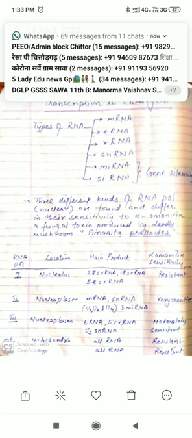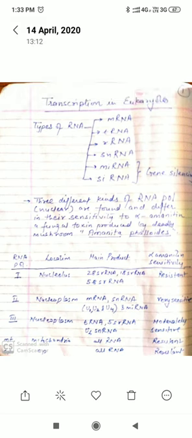There is a lot of similarity between eukaryotic transcription and prokaryotic transcription, but eukaryotic transcription is a little more complex than prokaryotic transcription. In eukaryotic transcription, different types of RNAs are transcribed by their respective genes.